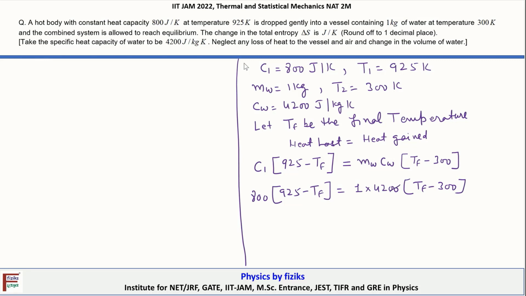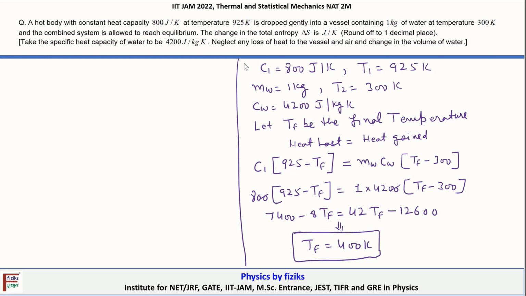Here the two zeros will cancel with each other, and after solving this equation we obtain 7400 minus 8 times TF equal to 42 TF minus 12600. Solving this, we obtain TF equal to 400 Kelvin. Now we have obtained the value of the final temperature for the composite system.